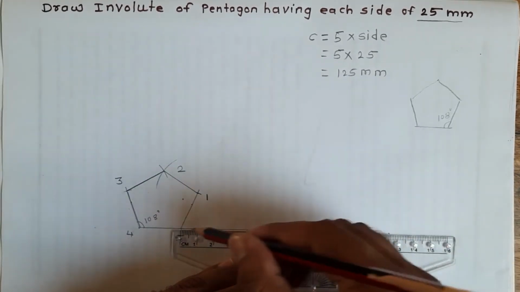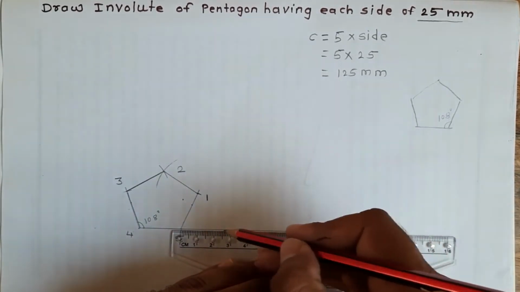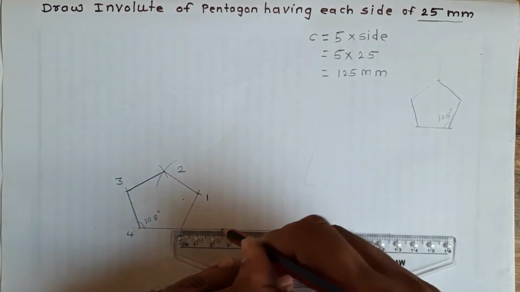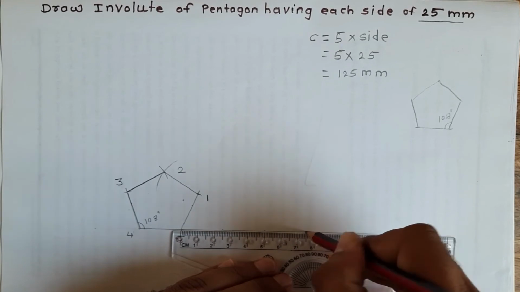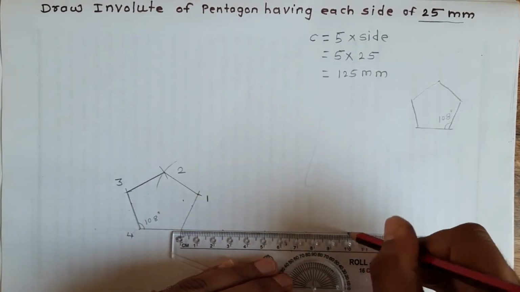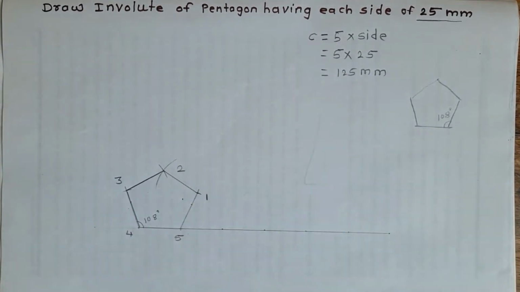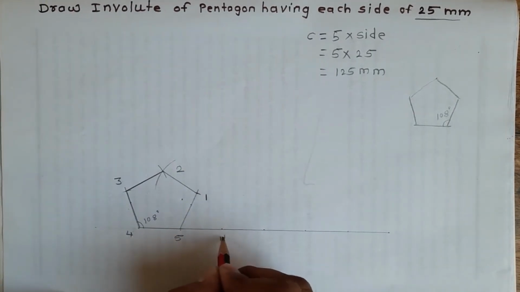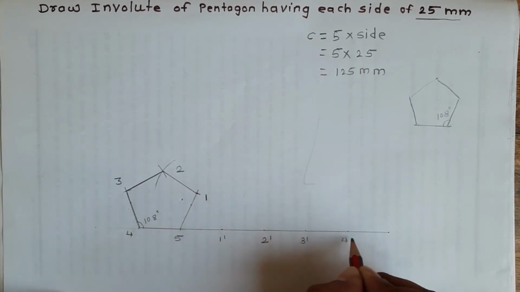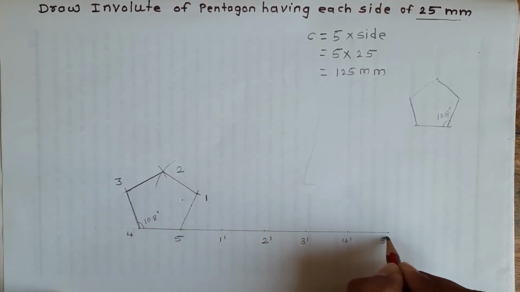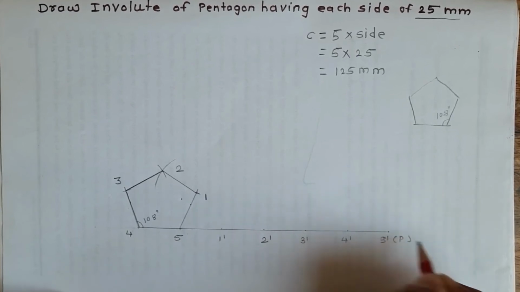Okay, I will divide this perimeter into 5 parts: first, second, third, fourth and fifth. I will give naming to each point. This will be 1 dash, 2 dash, 3 dash, 4 dash, and this will be 5 dash, or we can call it point P.